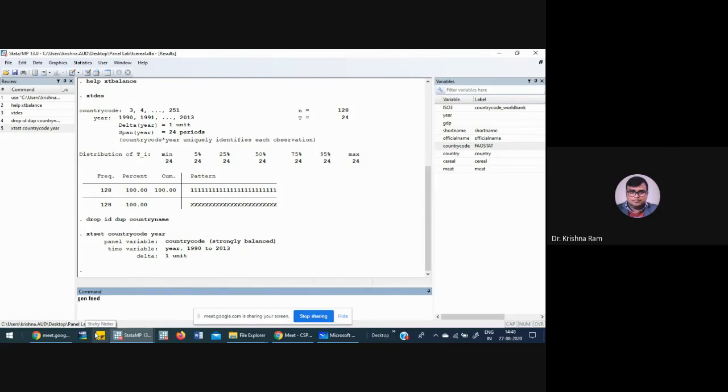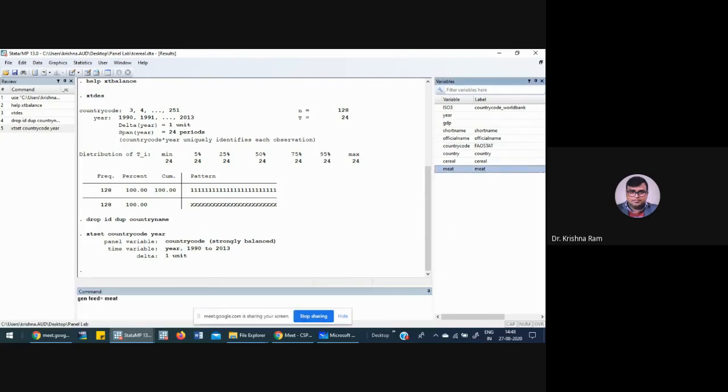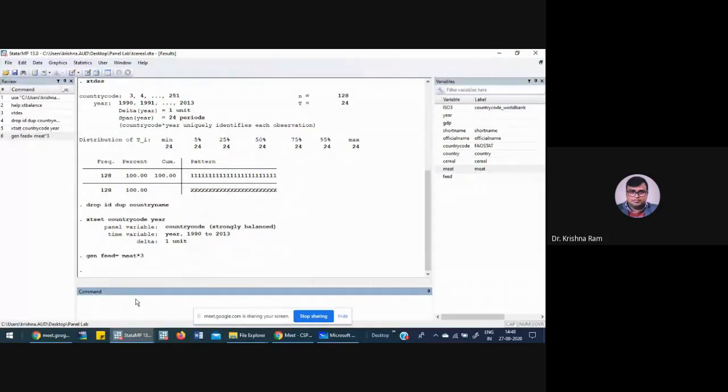I'm generating feed equal to meat. Since meat is again measured in per person per annum consumption terms in kg, I'm generating meat multiplied by 3. This gives us the feed variable, which is indirect cereal consumption.